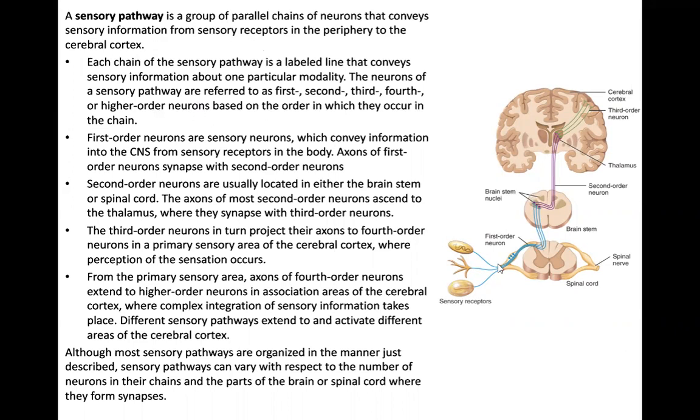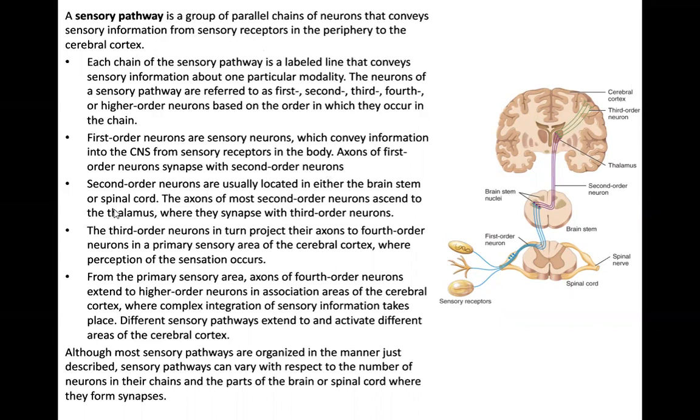First order neurons are the sensory neurons which convey information into the CNS from the receptors. So they're the ones that typically are going to have the dendrites uncovered or covered, encapsulated, carry the signal into the central nervous system, where they then synapse with second order neurons, usually located in either the brainstem or spinal cord. And these ascend to the thalamus, where they synapse with third order neurons.